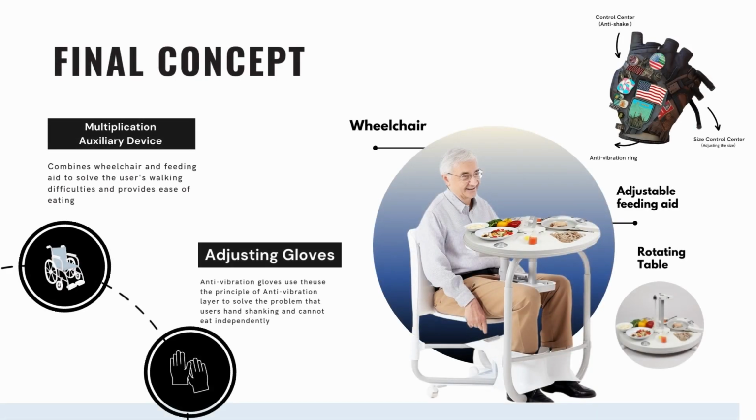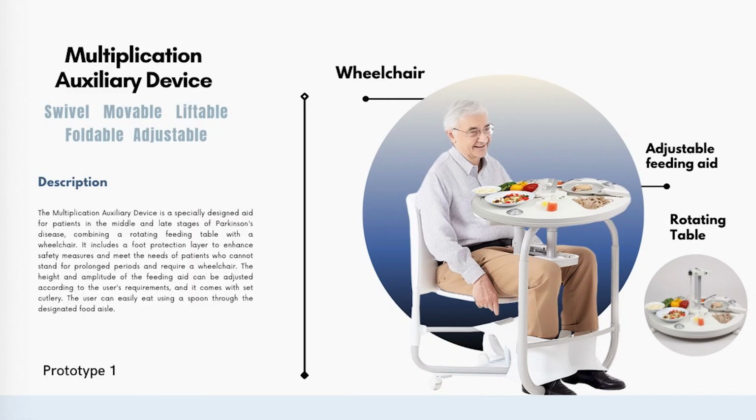As for the final concept, it combines a wheelchair and a feeding aid to ease the user's walking difficulty and help independence. It uses the principle of the RT separation layers to solve the problems. The device combines a rotating feeder table with the wheelchair.